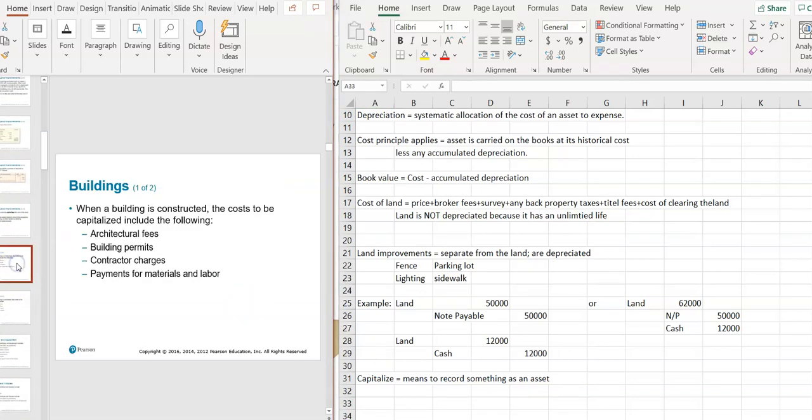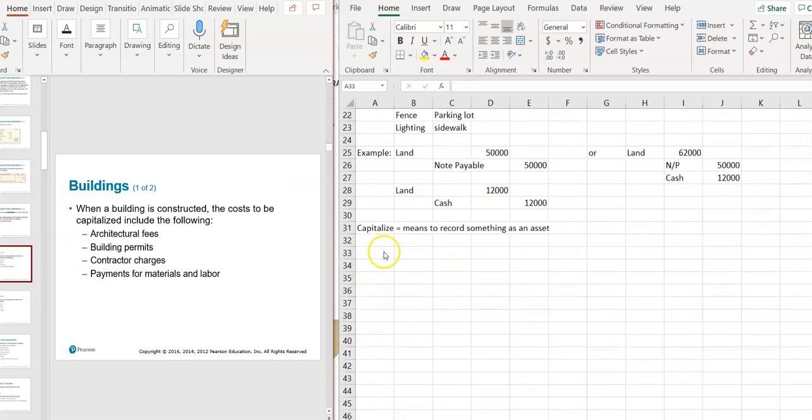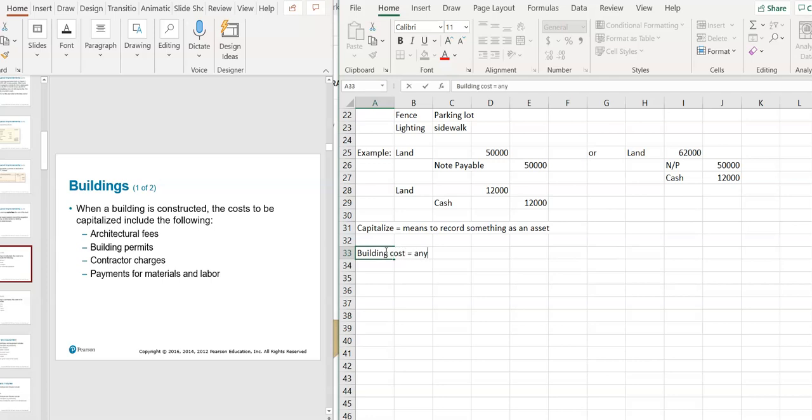All right, what's next? Buildings. Building cost: anything needed to acquire the building and get it ready for use.